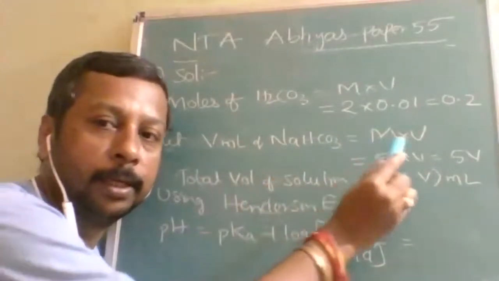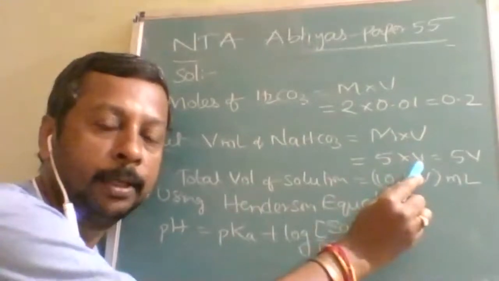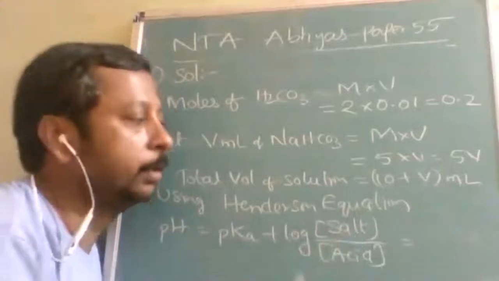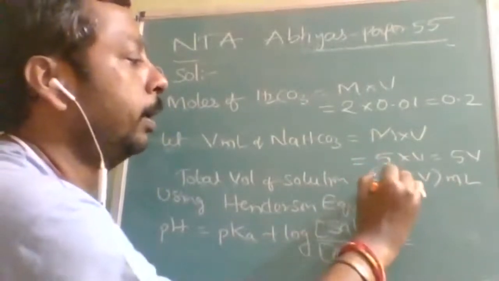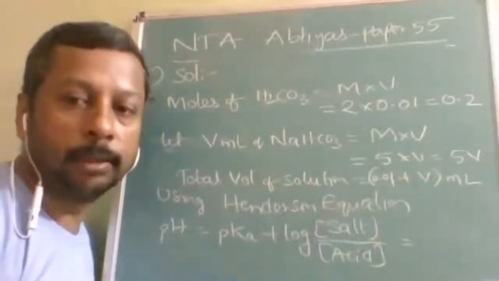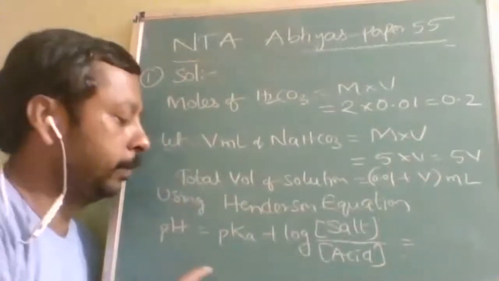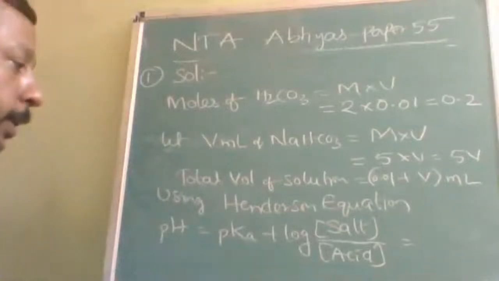Moles of NaHCO3 is molarity into volume. Molarity is 5 molarity, and the volume we assumed as V liter, so this will be 5V. The total volume available is 0.01 plus V. So using the Henderson equation, pH is equal to pKa plus log of salt upon acid.